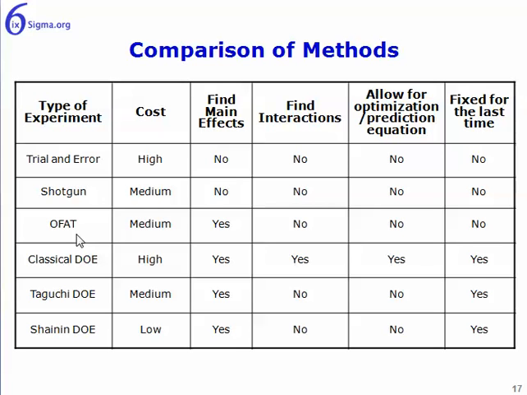So we identify the factors that could be contributing to the root cause, and we change one factor at a time and see how the system or the output responds. And again, while this is maybe medium, it is possible to find a root cause, but then there's no further opportunity to take that and optimize it in any way.